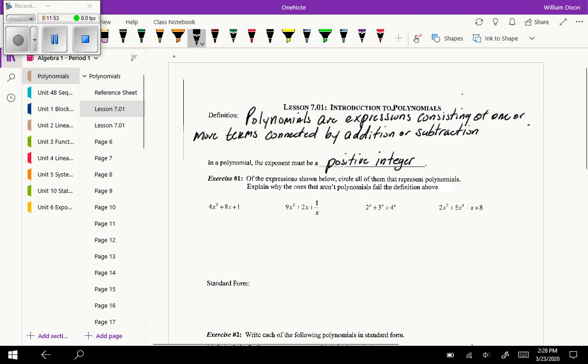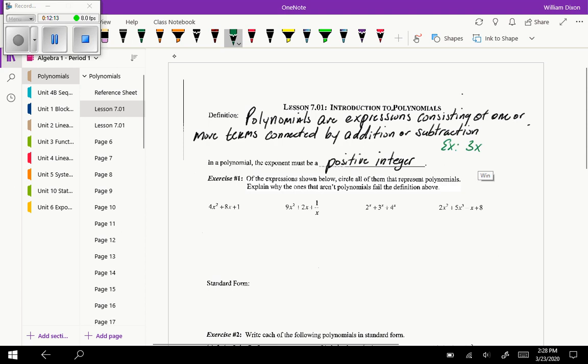So some examples. It's not here to have examples, but I think it's important. Let's go green. Examples. 3x is a polynomial, okay, and it's a certain type. We'll talk about that in a second.